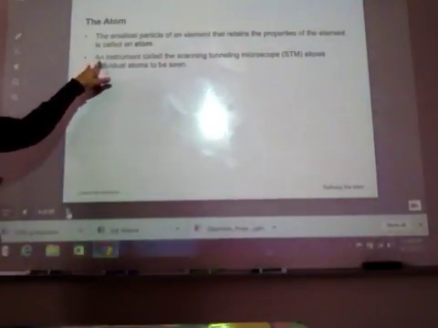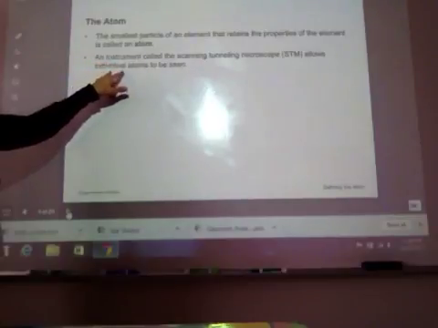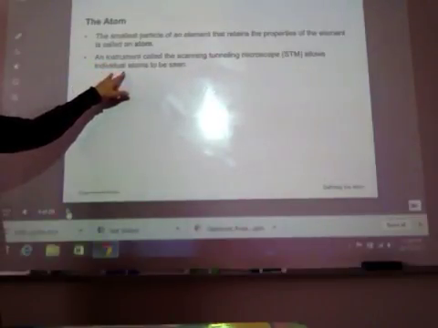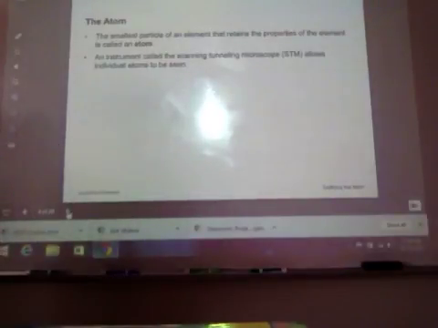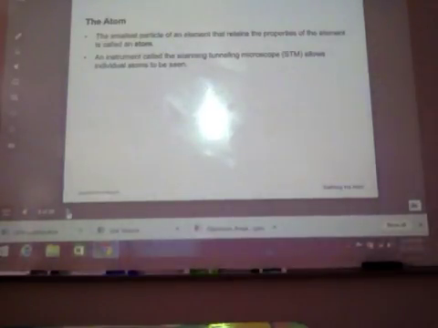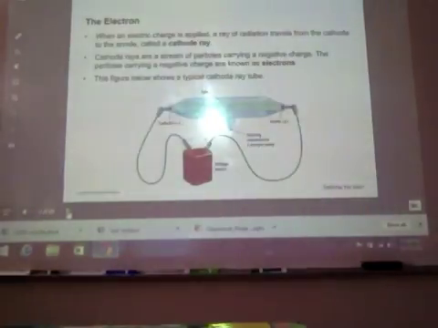The instrument that we have now, so we can actually see individual atoms, is called a scanning tunneling microscope. Those are expensive, and we do not have one, so we won't be using one, but just so you know, there are microscopes where we can see atoms.